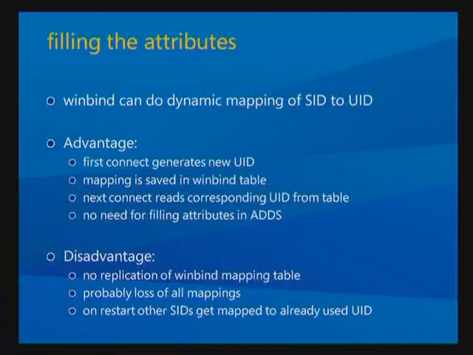But when your WinBind table gets crushed, and there's no replication mechanism, by the way, WinBind starts from scratch. So if this formerly second user comes back and says, I want to access my files, here's my SID, WinBind says, sorry, my table was corrupted, I had to start new. You get the UID 10001.